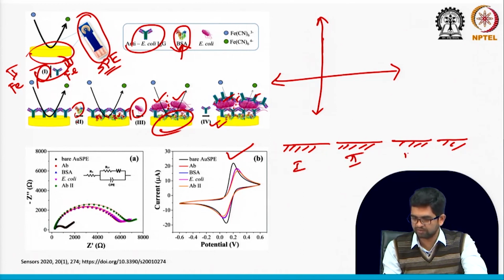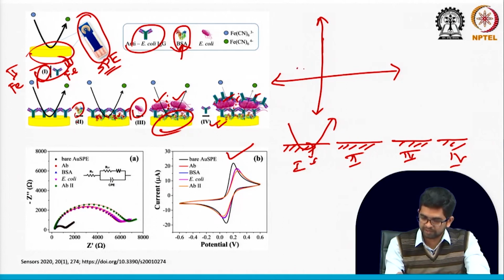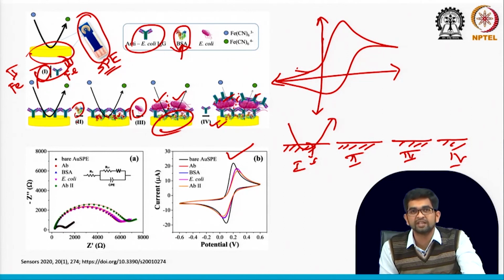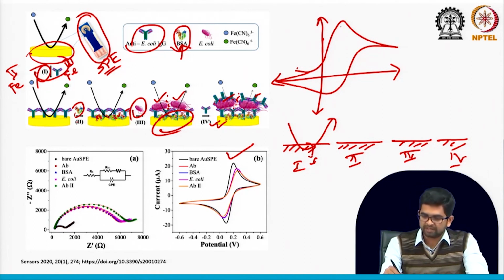1, 2, 3, 4. In the first case there is no protein, so electrons can transfer easily. That is why you will get a very good shape of the cyclic voltammogram of potassium ferro-ferricyanide. Very good shape means your electron transfer process is very fast, you will get a very high current, and the E half value will be very low.